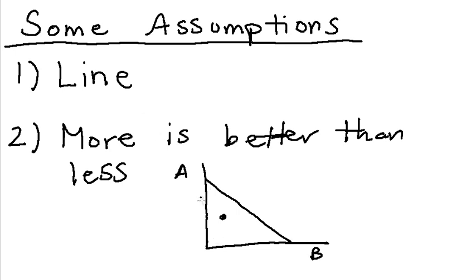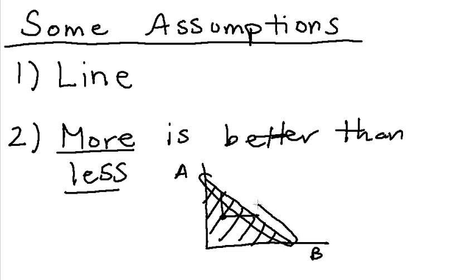And the reason is, since all of these points are possible, and we're assuming that more is better than less, a person would never choose this point because they're always able to get more in this direction and more in this direction. So what this means is that a person is always going to choose along the budget line. So when we do more analysis of these budget lines in this talk and in the future, most of the time, unless otherwise stated, we're only going to have to consider choices along the budget line.